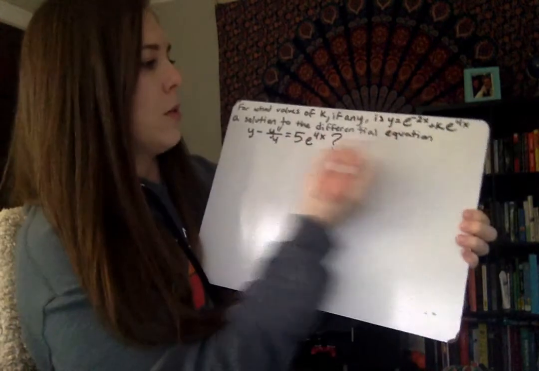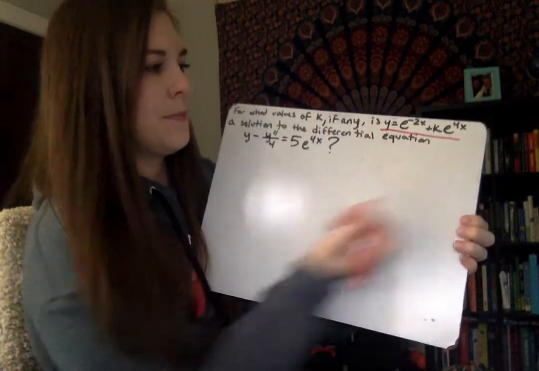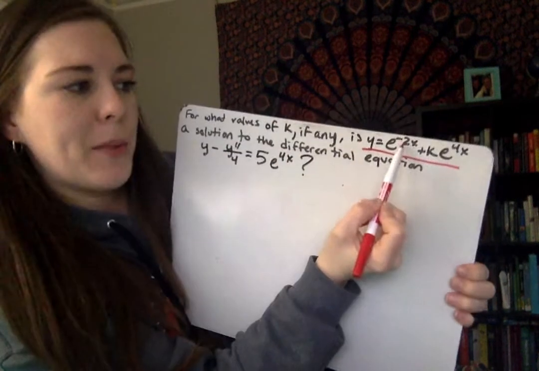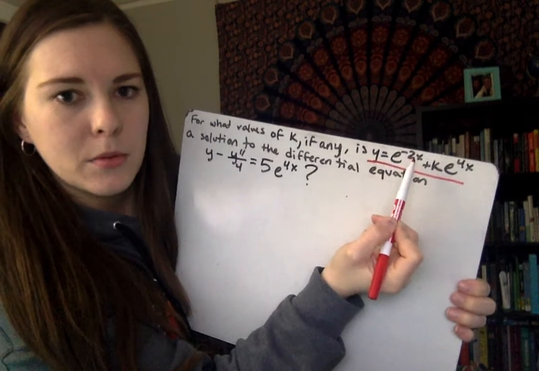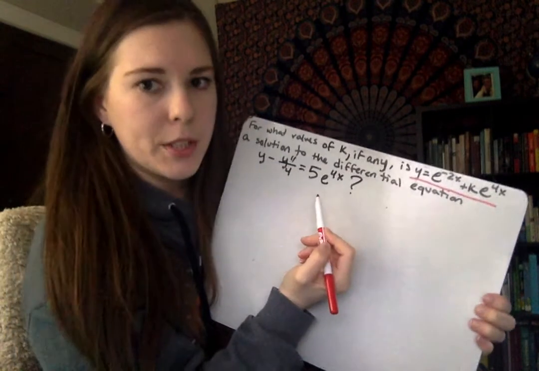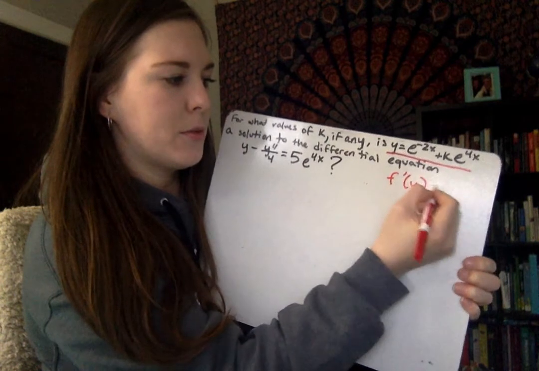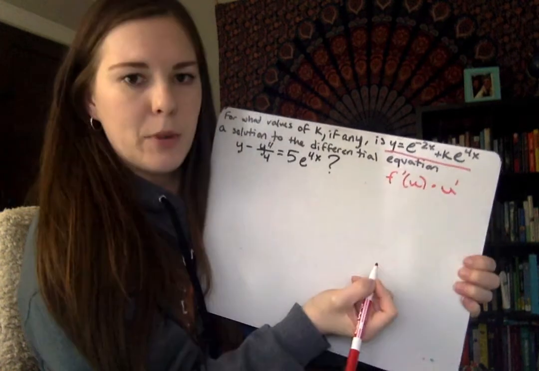Okay, so here's our original equation. Now keep in mind as we're going through this, you'll notice right off the bat we have an e to the u. So we're going to have to use the chain rule here. And remember that the chain rule says we do f prime of u times u prime.